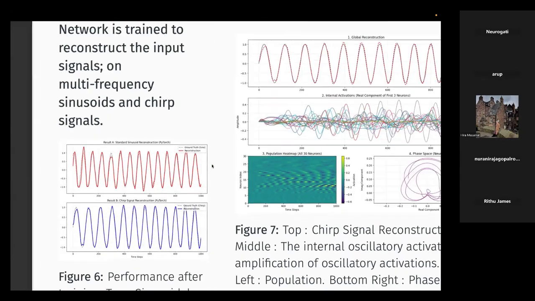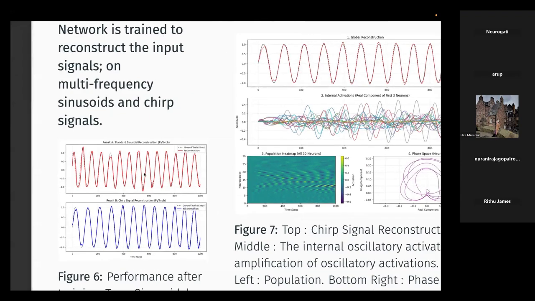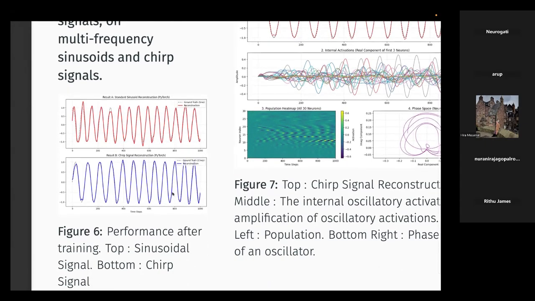There are two types of signals that we are training for. One is a simple sinusoidal signal, given by the top figure, and the other is a chirp signal. What is the difference? The chirp signal has a frequency that increases in time. As you see, the gap between these two peaks is smaller than between these two peaks, which is larger than between these two peaks. So the frequency is increasing in time.